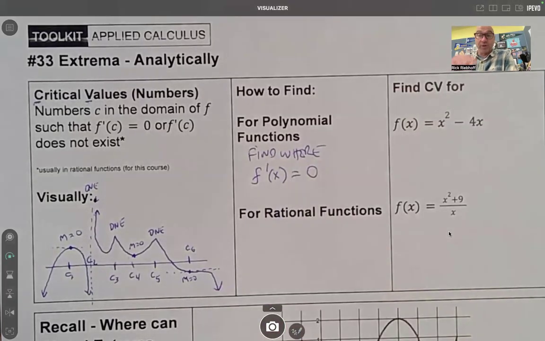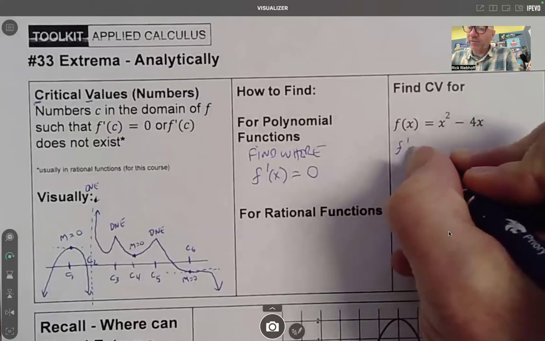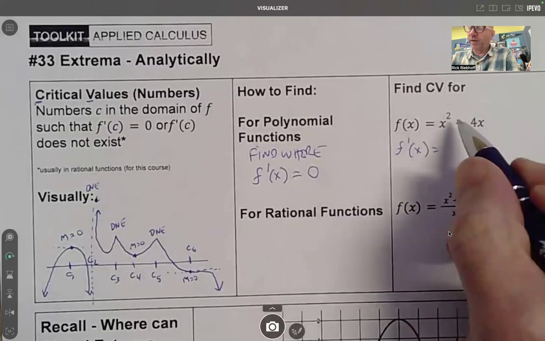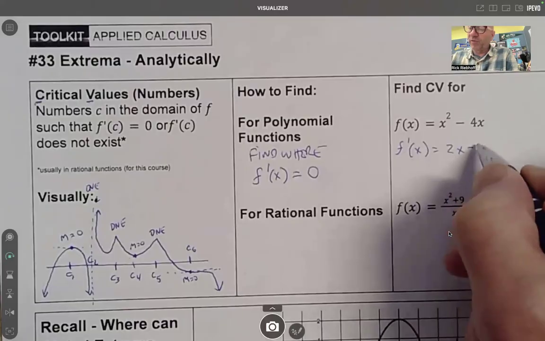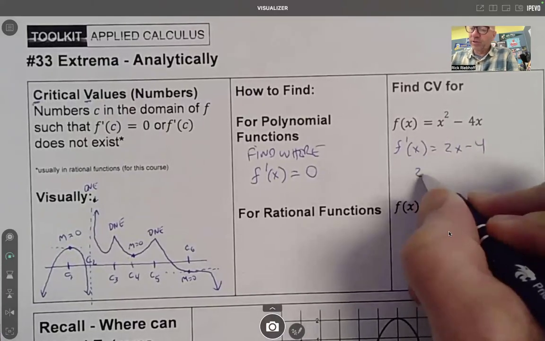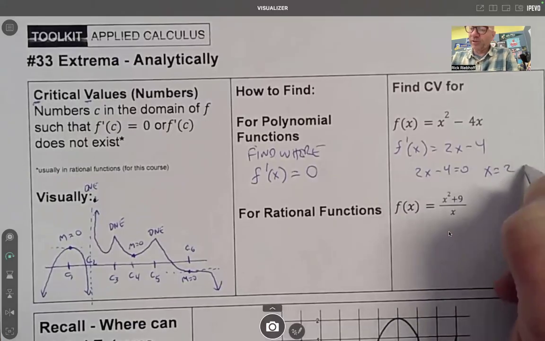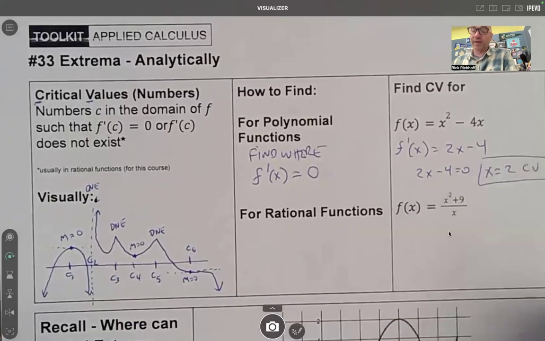That's where the slope of the original function is zero, right? So how do we do that? Step one, find f prime of x. Pretty easy here, 2x minus 4. Good. And now we need to find out where this equals 0. 2x minus 4 equals 0. Add 4, divide by 2. x equals 2. So that's my only critical value right there.